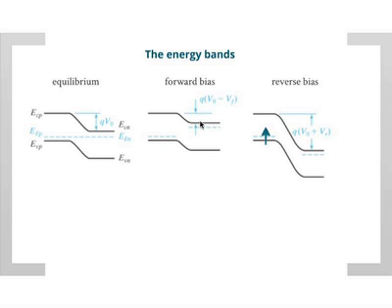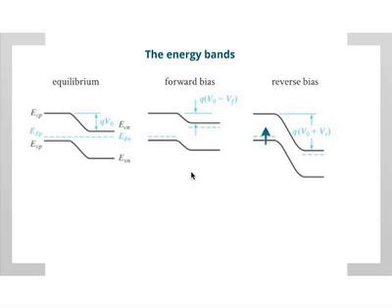Remember a long time ago we talked about the distribution of electrons which occupy the energy states. And there's a tail of them which end up in the conduction band. And if you reduce that energy barrier, more of them can actually go across from the N type to the P type.